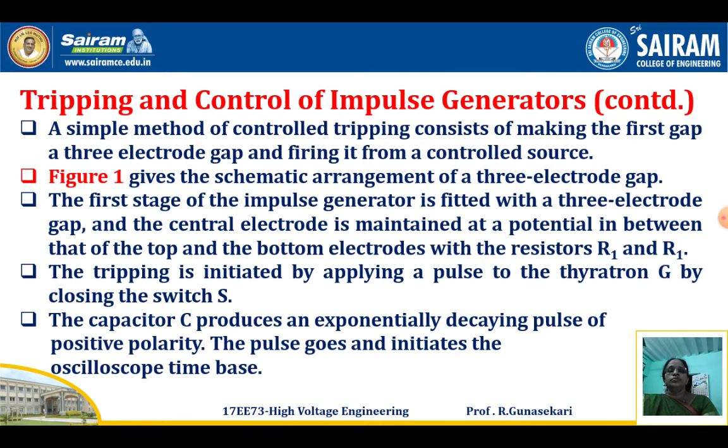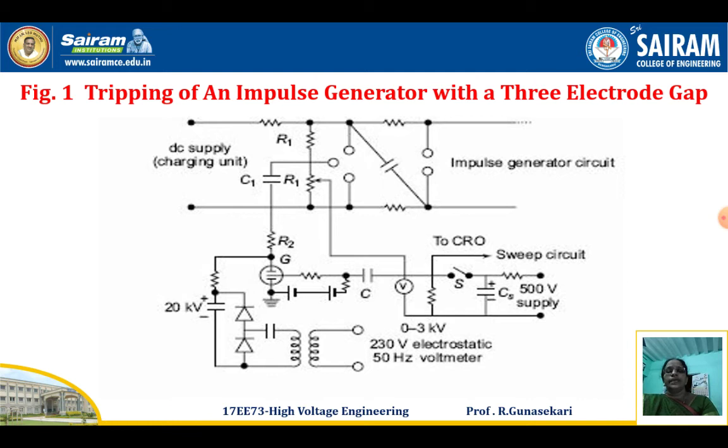Now you see the circuit diagram. The DC supply is from the DC charging unit, and then R1. The top R1 is a fixed resistance, and the bottom one is a variable resistance. Then R2 resistance and the thyratron; G represents the thyratron.